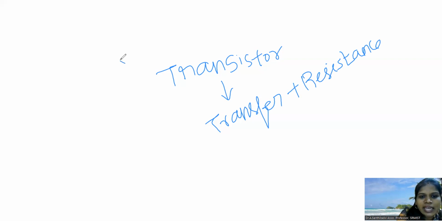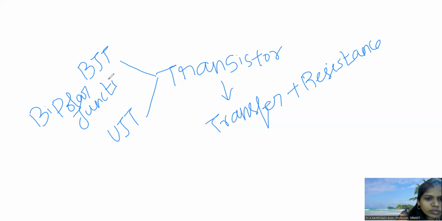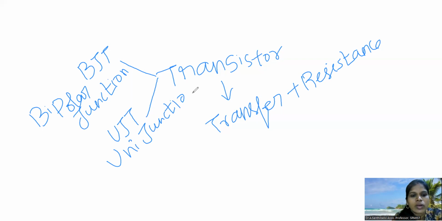Normally, transistors are classified into two types, BJT and UJT. That means bipolar junction transistor and unijunction transistor.